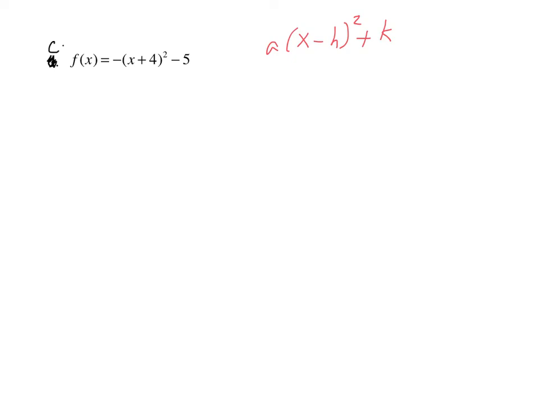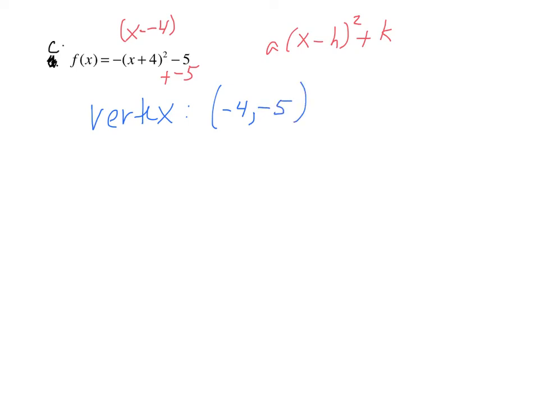So that means in the parentheses you technically have x minus minus 4. And then, of course, this here is plus a negative 5 for k. So when you're identifying the vertex now, your h is a negative 4 and your k is a negative 5.